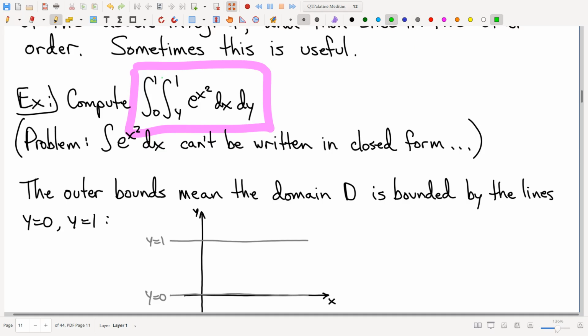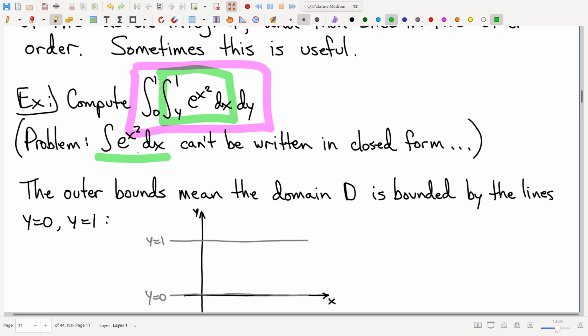But if I look at how I would have to start this process, I'm going to have to compute the antiderivative of e to the x squared with respect to x. Again, we do integrals inside out. So I'm going to have to find the antiderivative of e to the x squared with respect to x, and sadly, you can't.